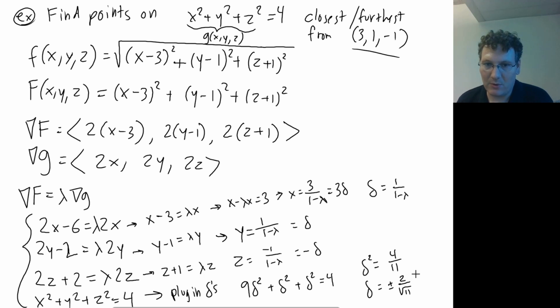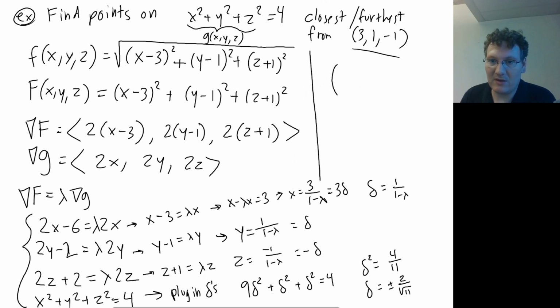Thus, if we have the deltas, we can plug those in to get our values for x, y, and z. So one point we're going to have is, plugging in for x, 6 over root 11, comma, for y, 2 over root 11, and then z would be negative 2 over root 11.